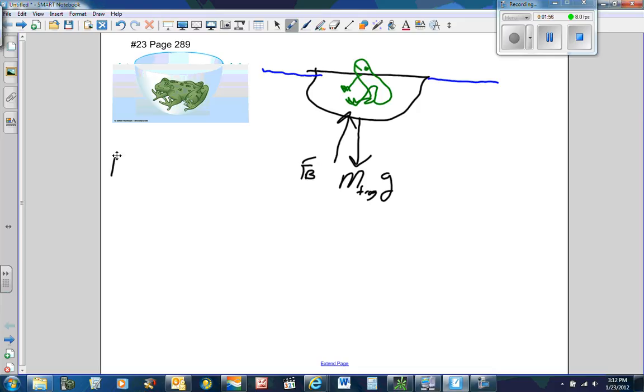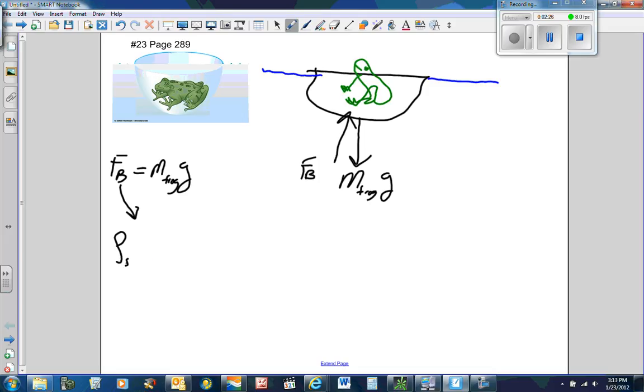So the buoyant force basically will be equal to the mass of the frog times g. That's basically the idea. Now, how do we find buoyant force? That is a good question. If you look in your book and in the notes, you'll notice that buoyant force can be found different ways, but one way is the density of the fluid.